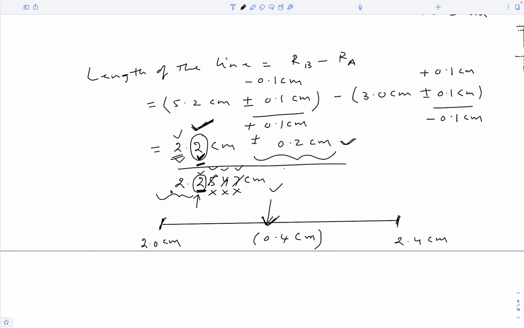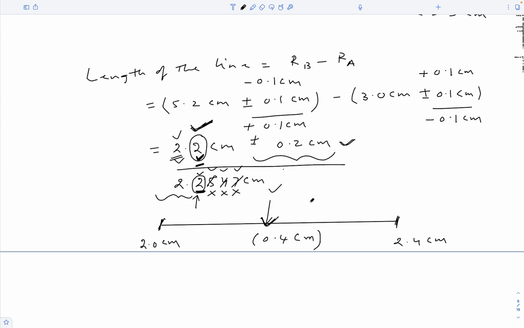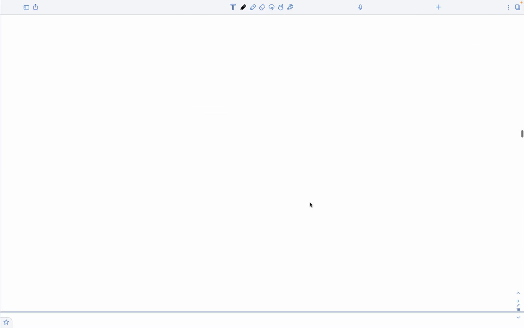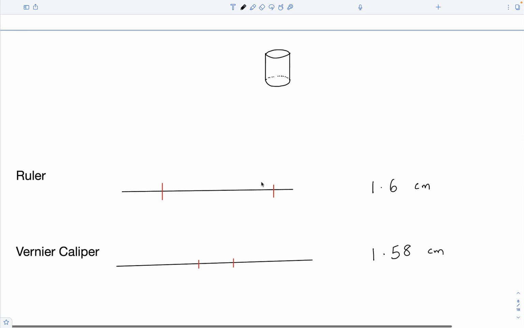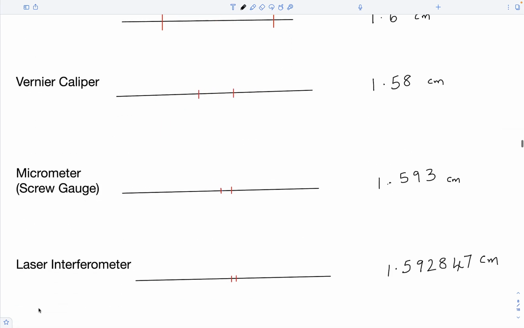So if you want to know the length of this line more precisely, you have to pick a measuring device that gives you more digits straight out of it. That is why a measuring device that could discover more digits in a measurement is said to have a higher precision. Now let us look at different measurements for the diameter of this cylinder obtained by using different measuring devices.